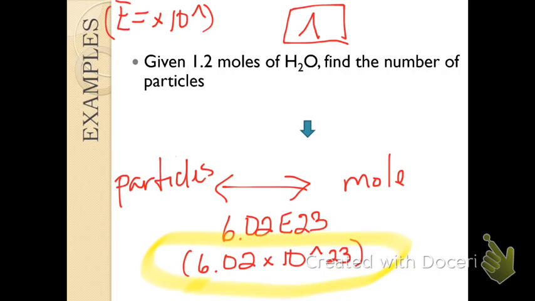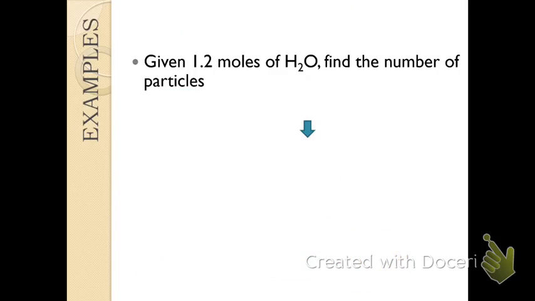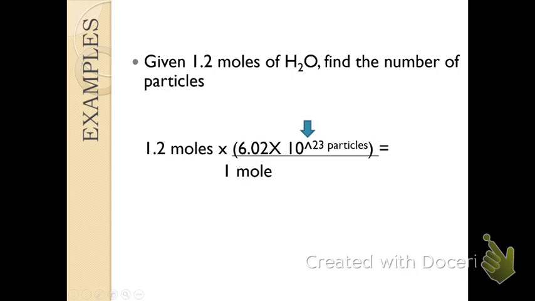Okay? So back to the problem. We are going from moles to particles, so we're going to multiply. All right? So we're going to take 1.2 moles, and we're going to multiply that by Avogadro's number. So let's set it up, and then we'll put it in your calculator. Okay? We're going to multiply.